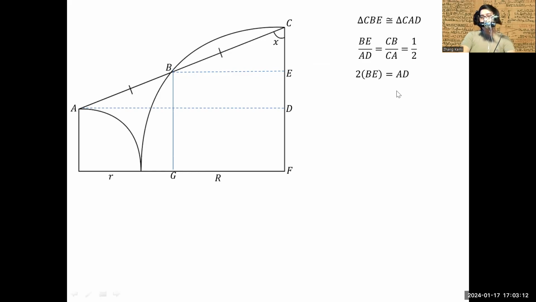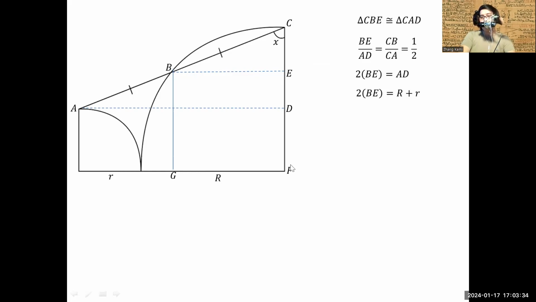Once I have this relationship, I can write the length AD, from A to the point D, as small letter r plus capital letter R, because this is the radius of the smaller quadrant and the radius of the bigger quadrant.